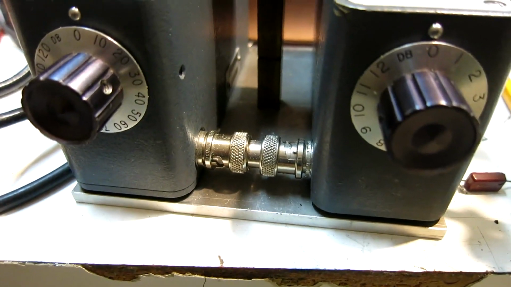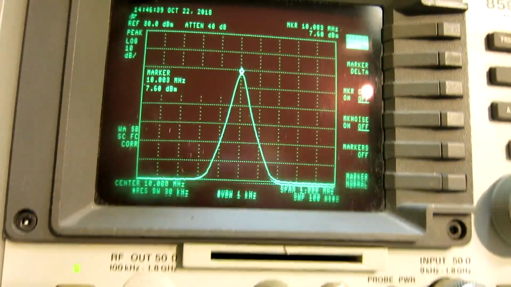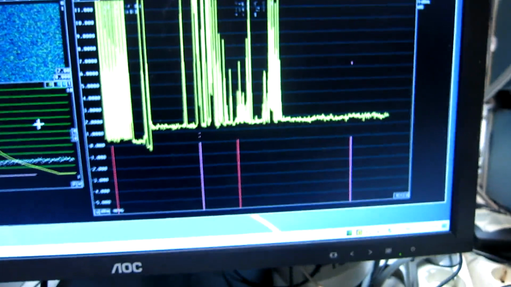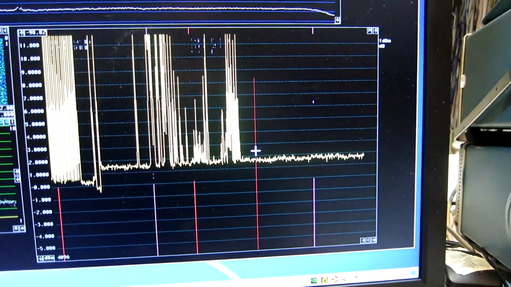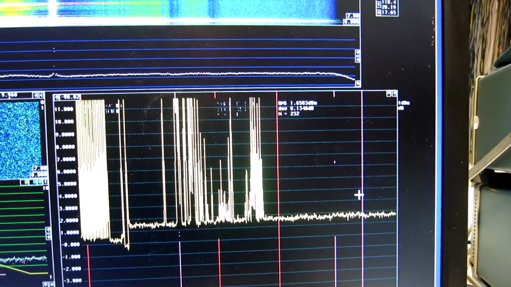I have set 0 attenuation, and the power then is 7.6 dBm. And the noise is significantly larger than for the polypropylene, but it looks nice and stable, and it's 1.66 dB.